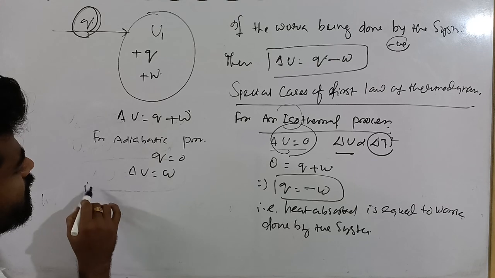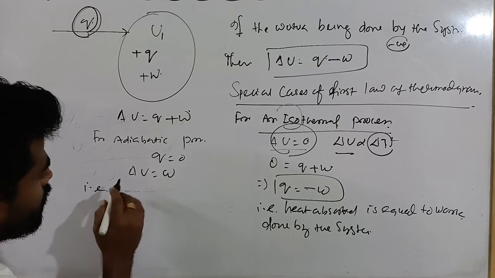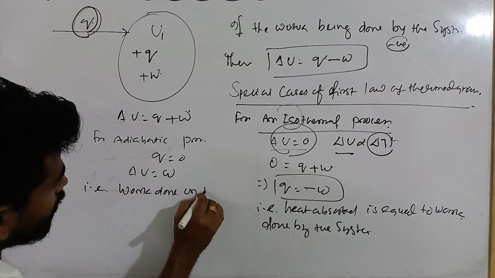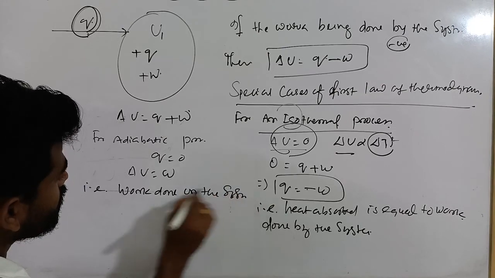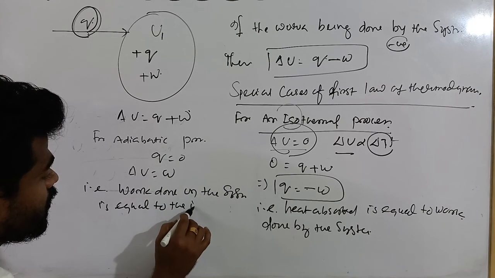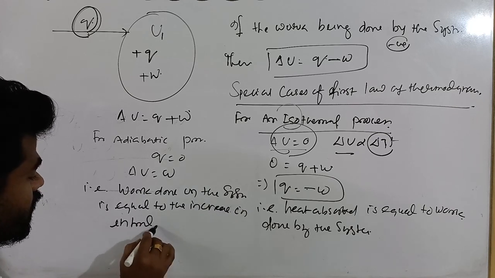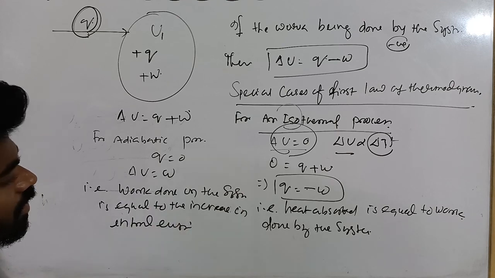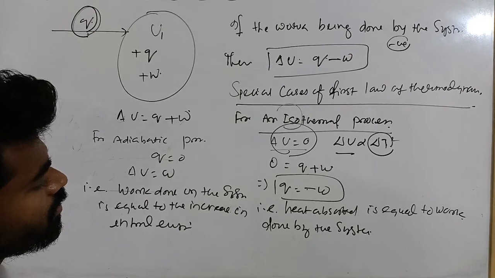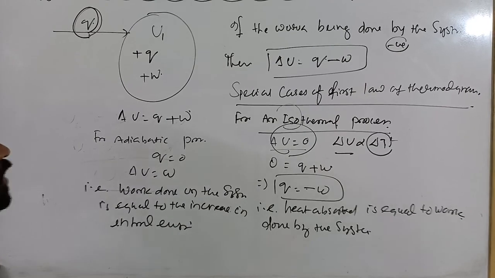That is, W, work done on the system, is equal to the increase in internal energy. Clear? So this is the conclusion of the first law of thermodynamics.